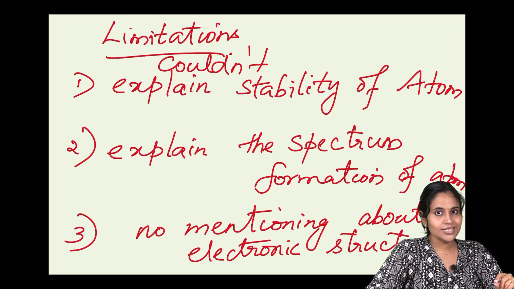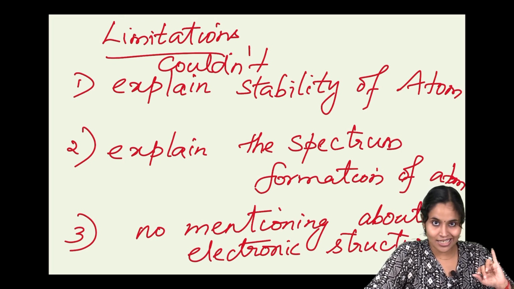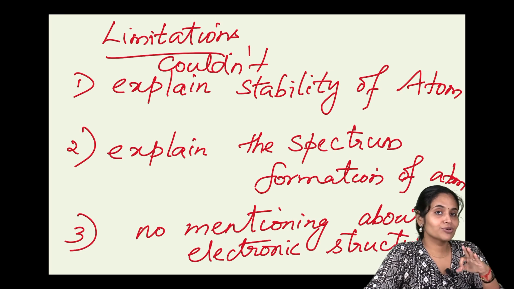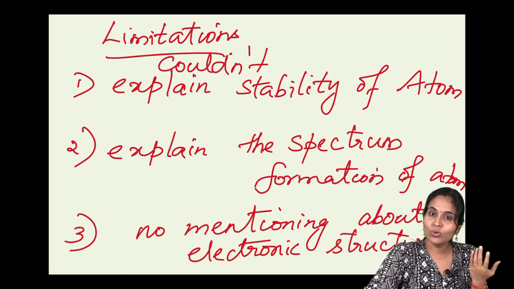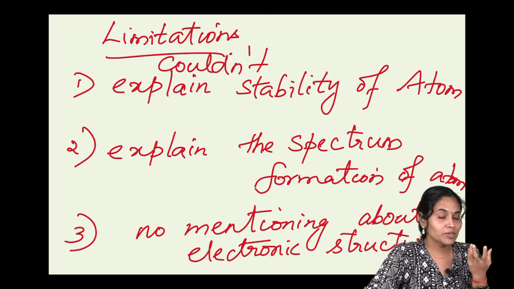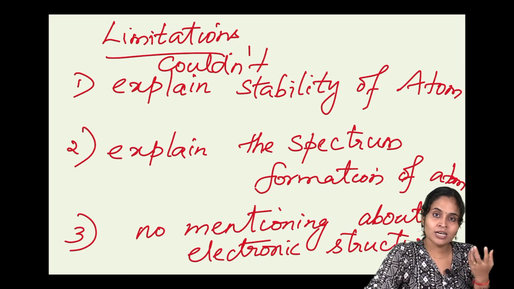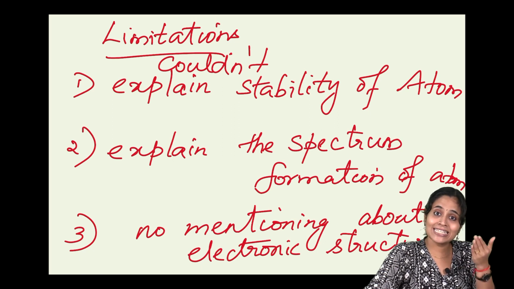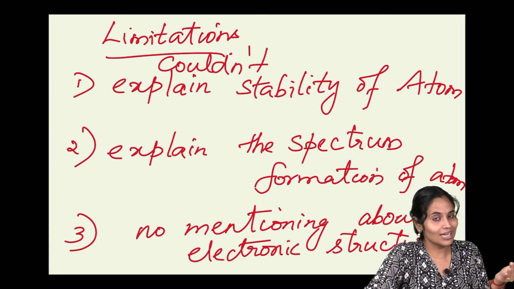So in this section we have discussed the subatomic particles like electrons, protons and neutrons, and we know these subatomic particles were discovered with the help of discharge tube experiment. We know electrons are negatively charged particles with a charge of minus 1.6 into 10 raised to minus 19 coulombs, and protons are positively charged with exactly the same charge but opposite in sign compared to electrons.